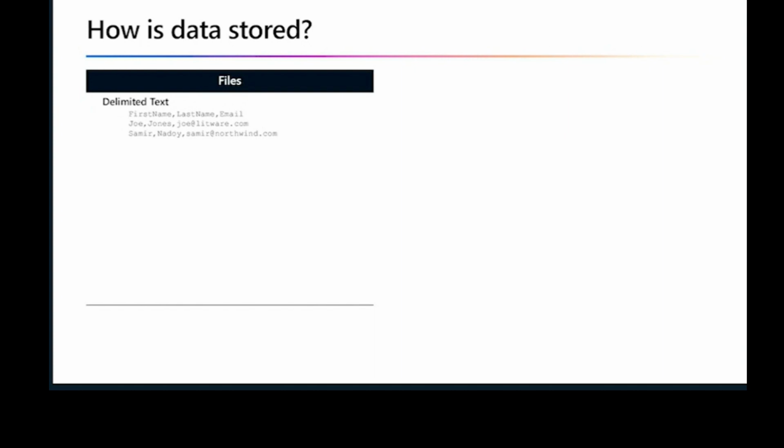First are the delimited text files. In these types of files, the data is stored in plain text format with specific field delimiters and row terminators. It is simply called delimited because we use delimiters, or commas, to separate the values of the fields. The most common format for these types of files is CSV.